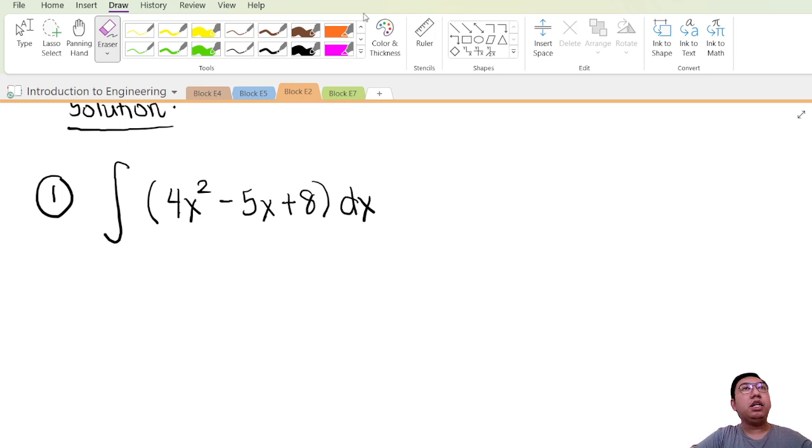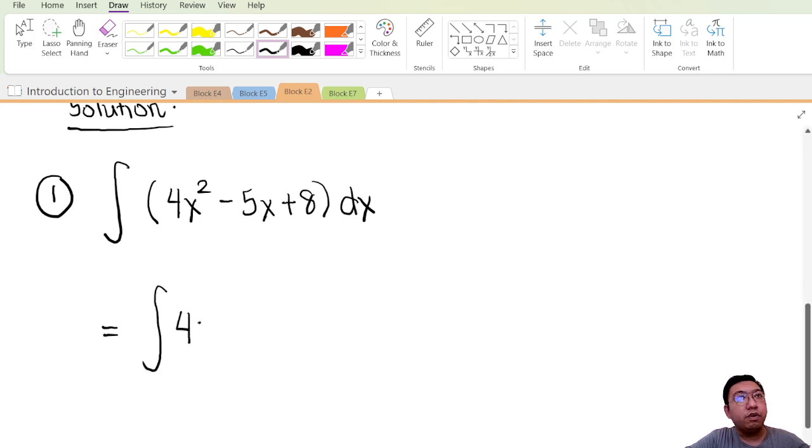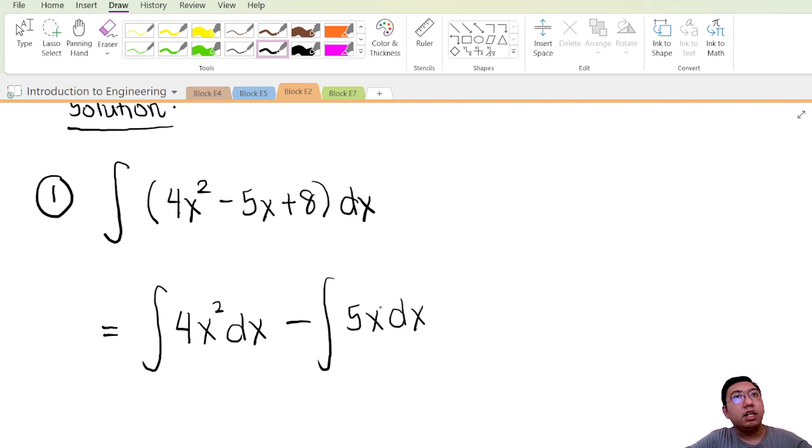As mentioned earlier, when you integrate term by term, you're going to distribute the integration symbol and the dx for every term. So this is what I'm going to do. I will integrate 4x squared with respect to x minus the integral of 5x with respect to x and plus the integral of 8 with respect to x.